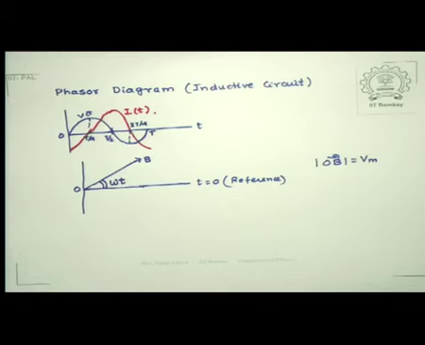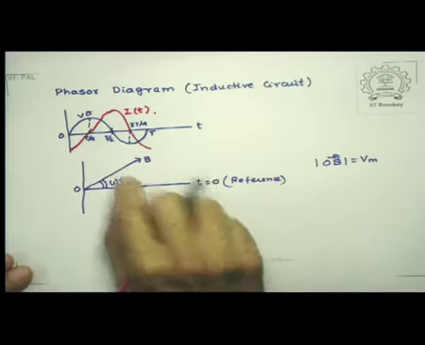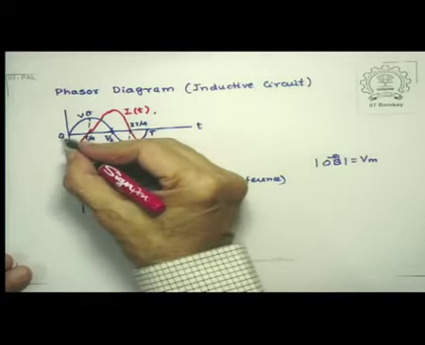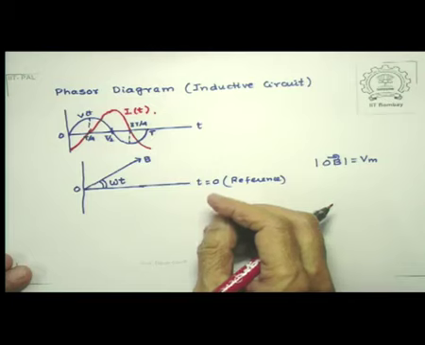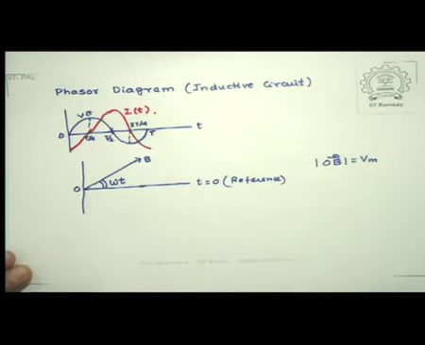with the x-axis. As I have said several times, the projection along the y-axis gives me the instantaneous value of the voltage. Now, since the current lags behind the voltage by pi by 2, it means that the current becomes maximum a full quarter of a cycle after the voltage does.